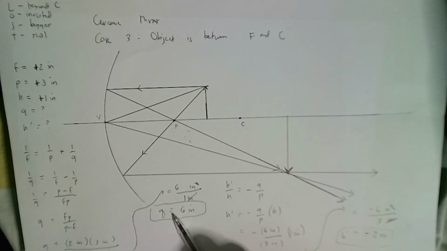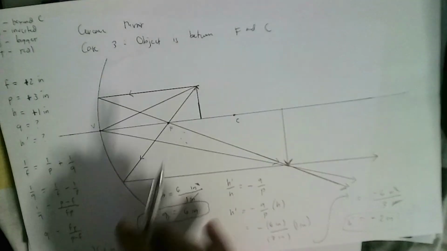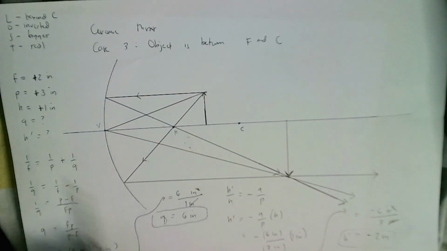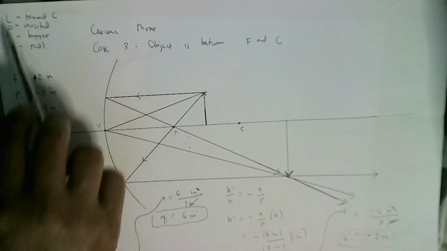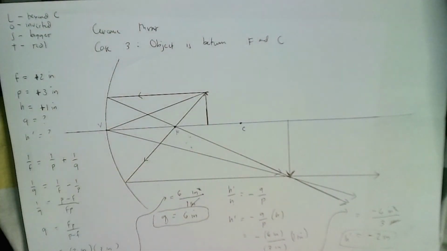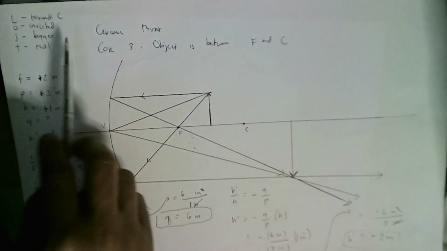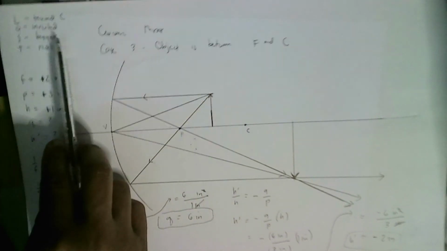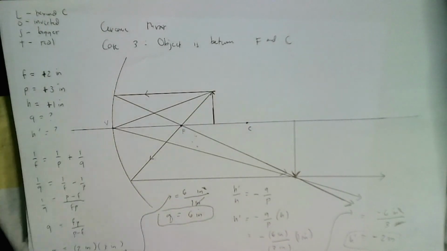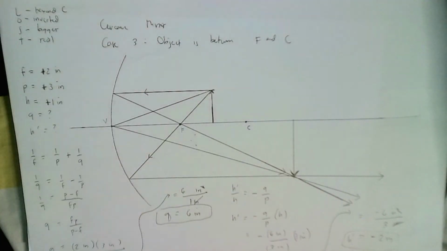Negative sign means it's a virtual image, but it has a positive sign. That means it's a real image. So there you have it. Using ray diagrams or calculations, we were able to get the same results, which is location of the image is beyond C, the orientation is inverted, the size is bigger, and the type is a real image.